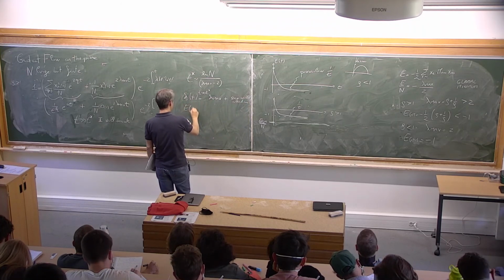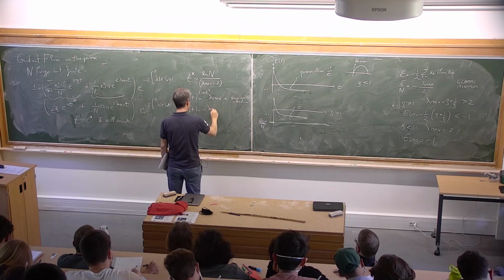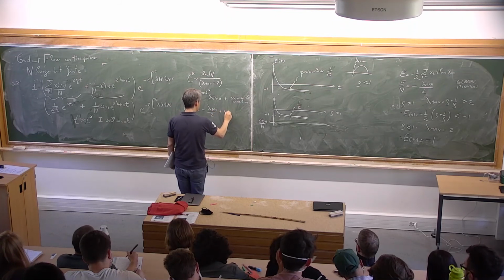Which means that the energy will be equal to minus lambda max divided by 2 plus an exponentially small correction.